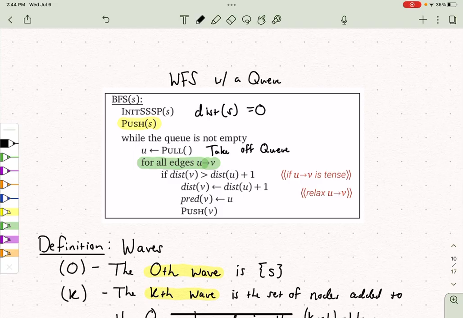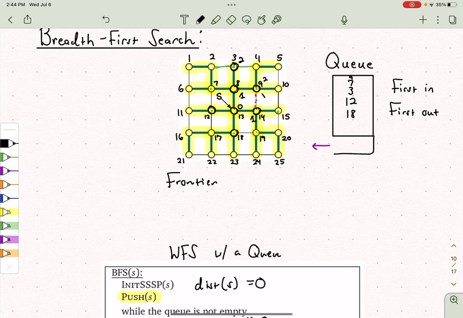And in particular, if this distance would be an improvement, in other words, have we marked v yet or not? If we have already marked v, then this distance will be smaller. So that's the case of 9 before, where we already visited 9, but we had the choice of also going through 14 to get to 9.